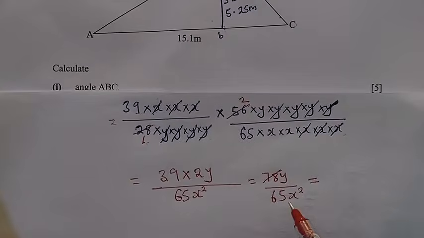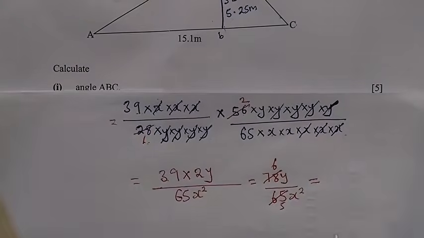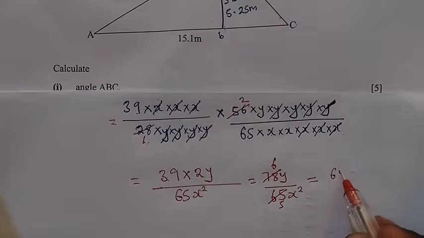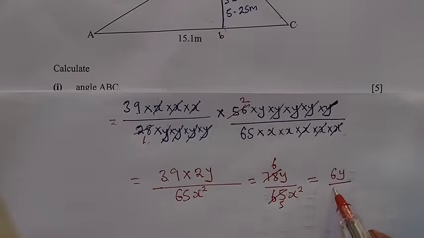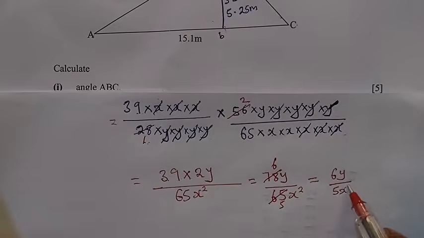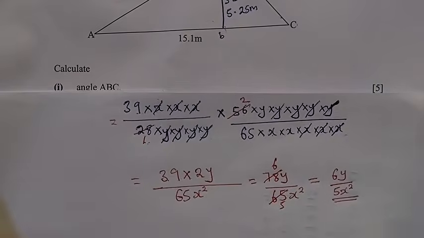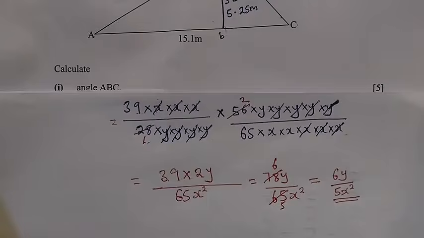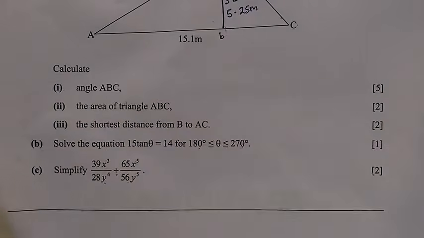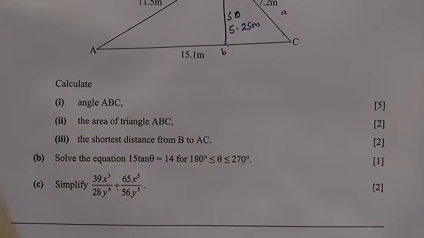So 13 into 78 is 6 times. 13 into 65 is 5. So you get 6y over 5x squared. This is the answer. So we are done answering this paper.